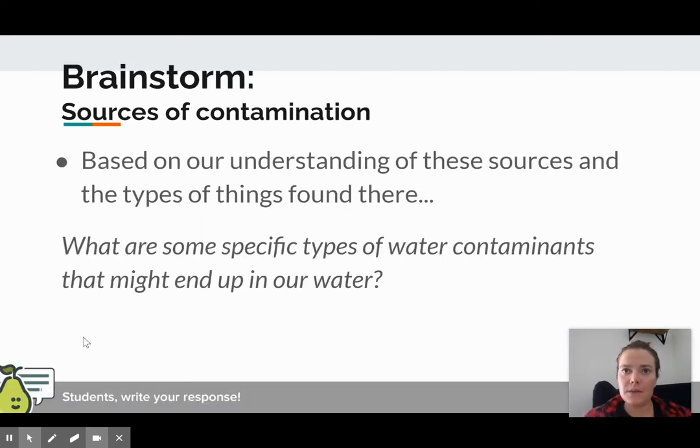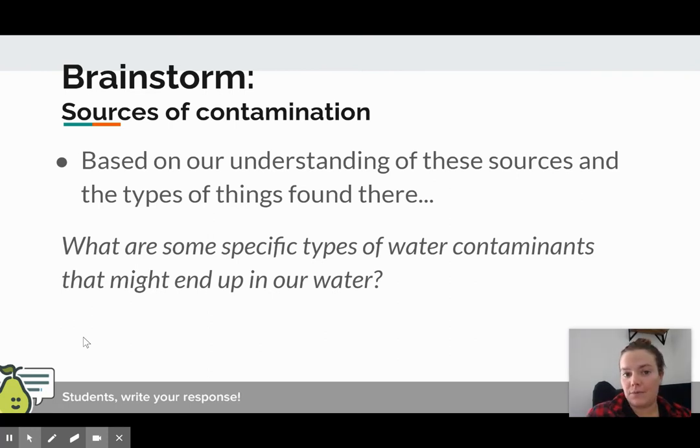So, thinking about things that could be in any of those spaces. Things that could be at your house, things that could be in a factory, things that could be at a business of any sort, things that could be out on a farm that result in getting into your water. What are some specific types of water contaminants that could end up in your water?